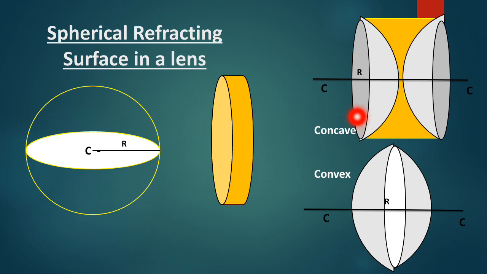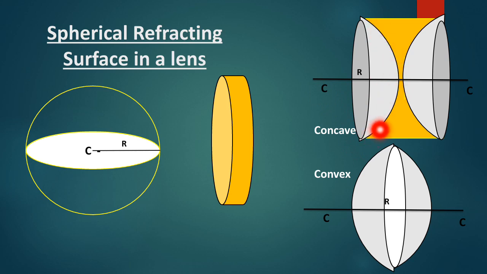So now we have the first refracting surface which is curved inward, and as it is a spherical refracting surface, it is a part of a sphere, so it has a center here. For that sphere we have a center, and we have a radius of curvature also.